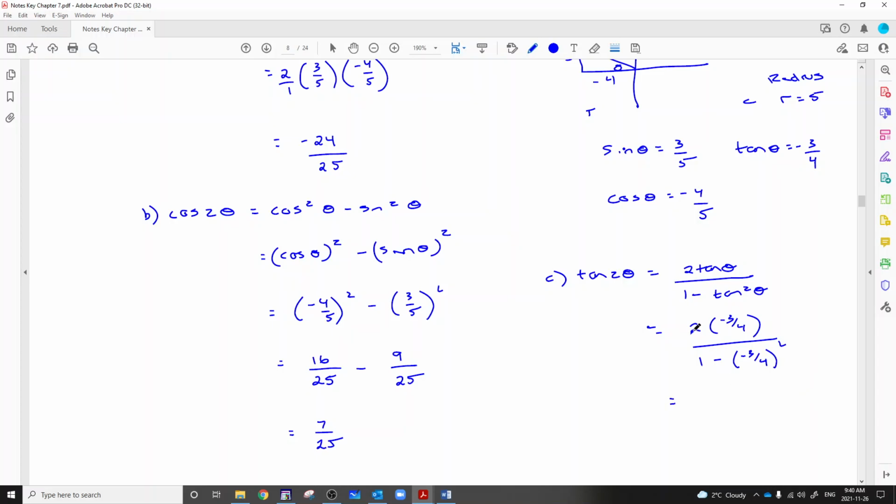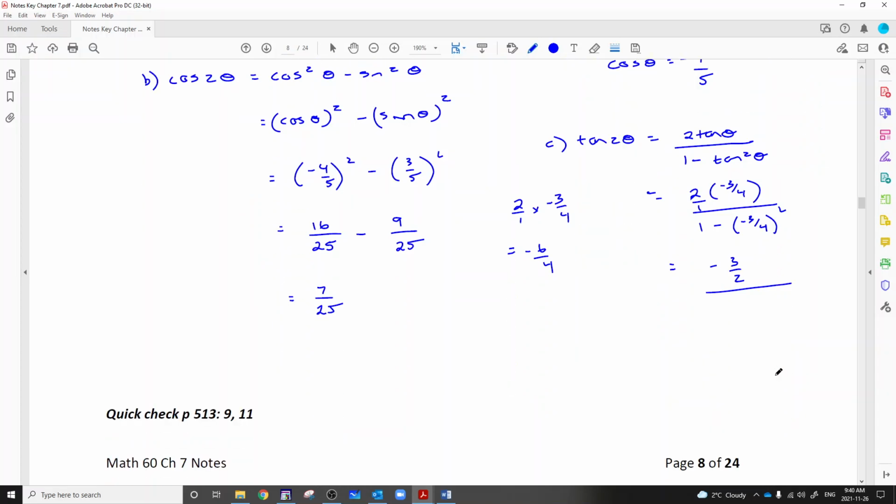Okay, so we've got 2 times 2 over 1 times -3/4. So that would give me -6 over 4, which I could have simplified first, right? 2 goes into itself once and into 4 twice. So I end up with -3/2 on the top. If I went too quick with that, do it on the side: 2 over 1 times -3/4. Whether you simplify first or get -6 over 4, it simplifies to -3/2.